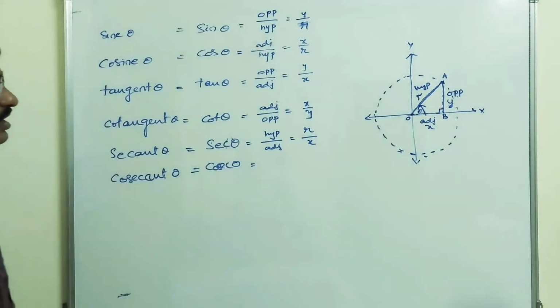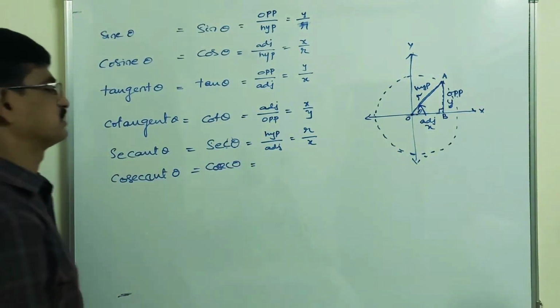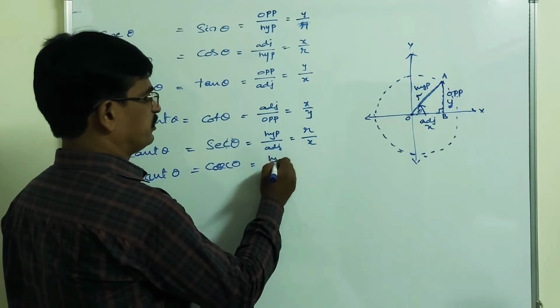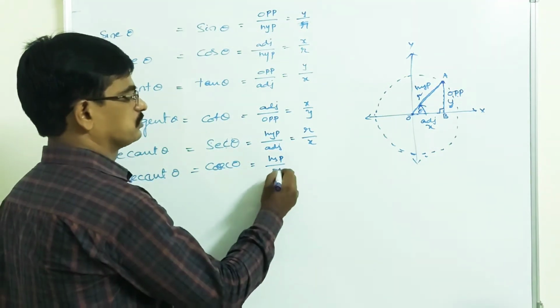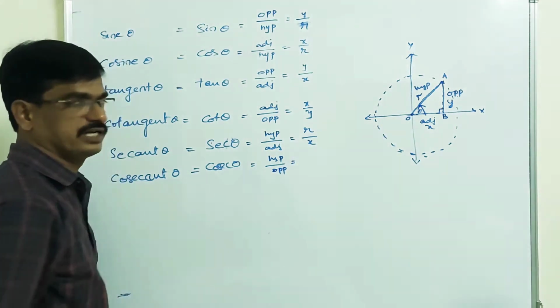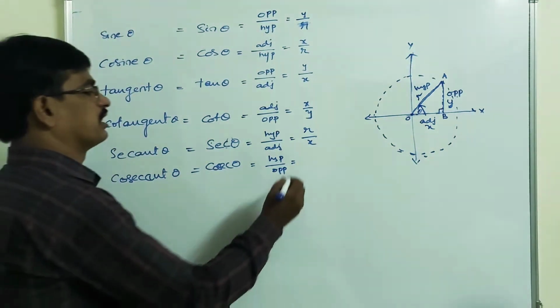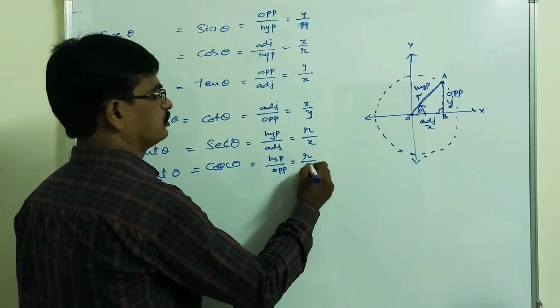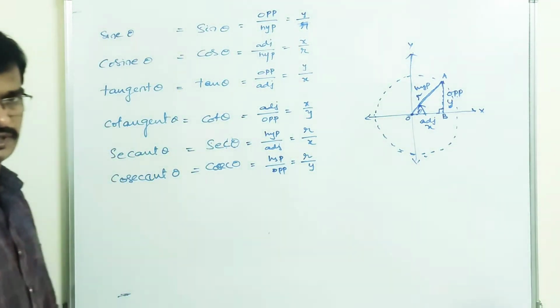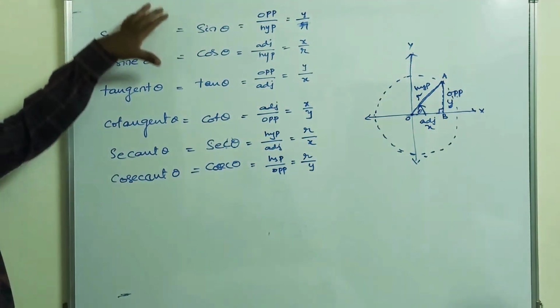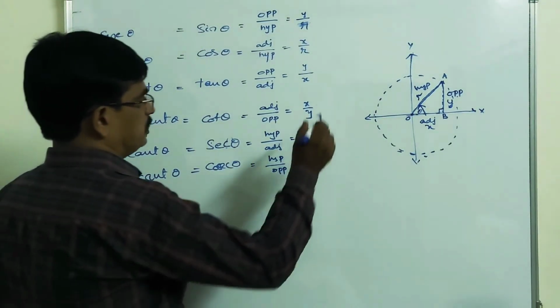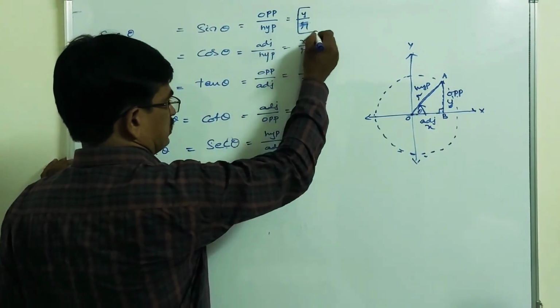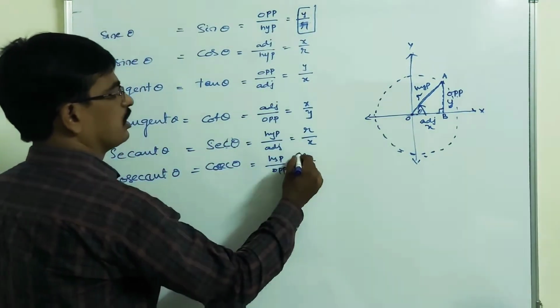And cosecant theta is defined as hypotenuse by opposite side. So hypotenuse is r, opposite side is y. If you observe these 6 trigonometric ratios carefully, see here y by r is there, here r by y.